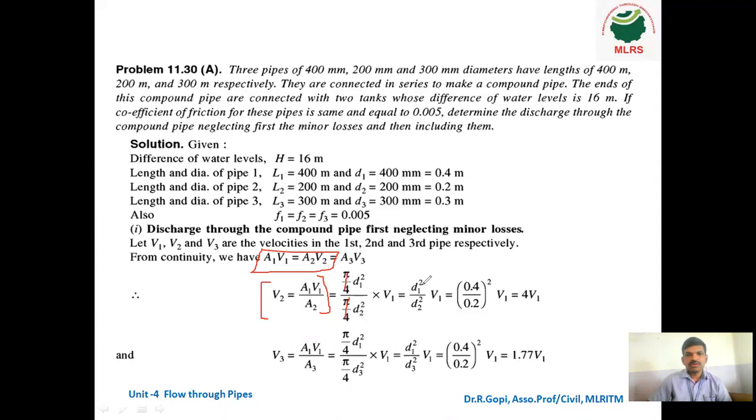Therefore, D1 square divided by D2 square into V1, which is equal to 0.4 divided by 0.2, the whole square, into V1. Here D1 is 0.4 and D2 is 0.2. So it is equal to 4 V1.